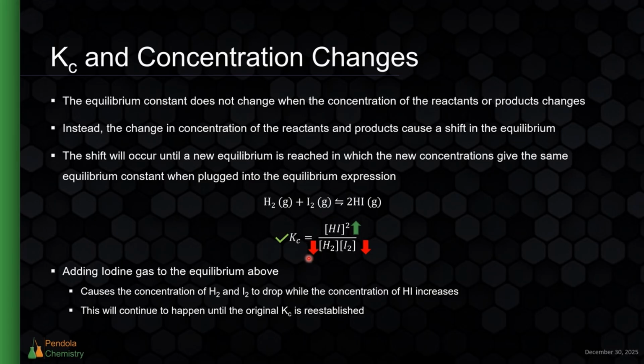So essentially, the reason why Le Chatelier's principle works, the reason why an equilibrium is going to shift if we add or remove some of the reactants or the products, is that by doing that, we are making the concentrations in the equilibrium expression no longer equal to Kc. The shift to the right, to lower the concentration of H2 and I2 and make the concentration of HI higher, happens so that we reestablish an equilibrium where the ratio still works and Kc is still true.